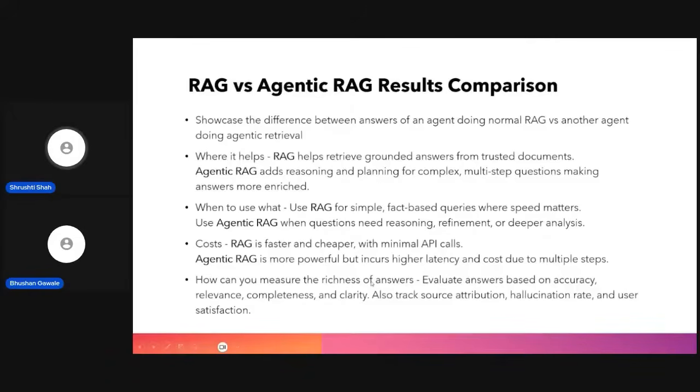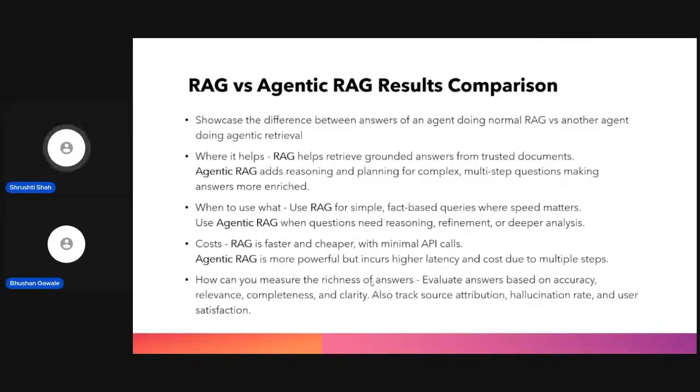And how can you measure the richness? Brilliant question. People are very curious to know: I got the response, but how can I check whether it was accurate or relevant? There are different tools and different ways to measure the richness, context, or relevance of your information.